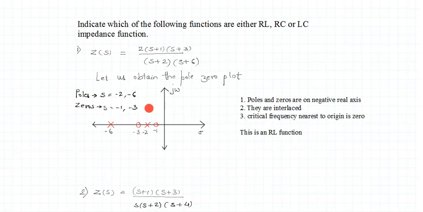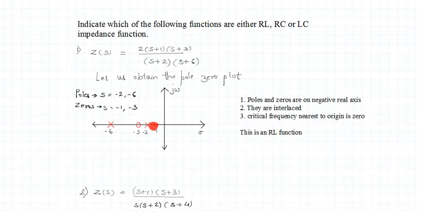So we have identified the poles and the zeros. Let us do the pole zero plot. Here is the pole zero plot: the zero is located at -1, the zero is located at -3, the pole is located at -2, and the last pole is located at -6.